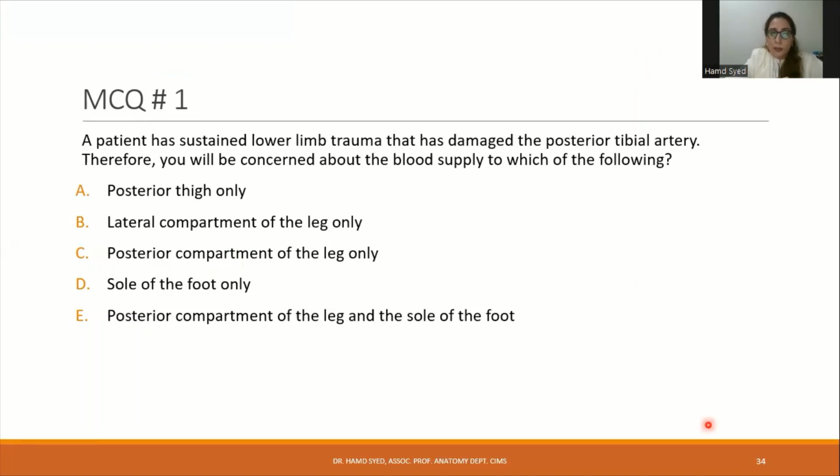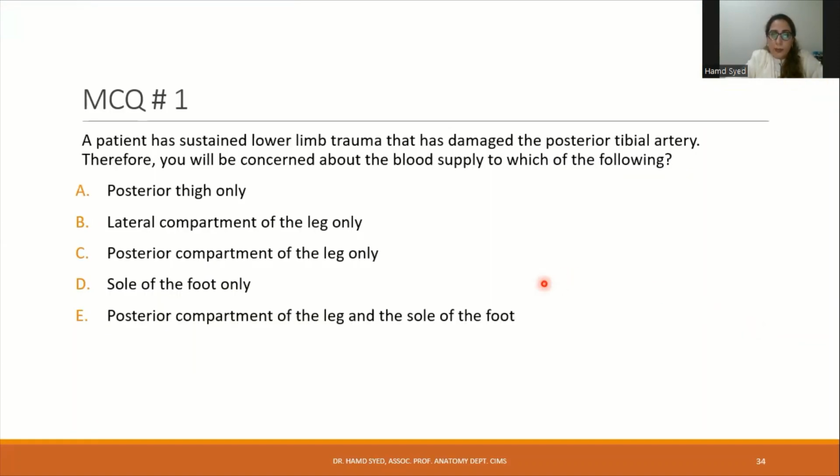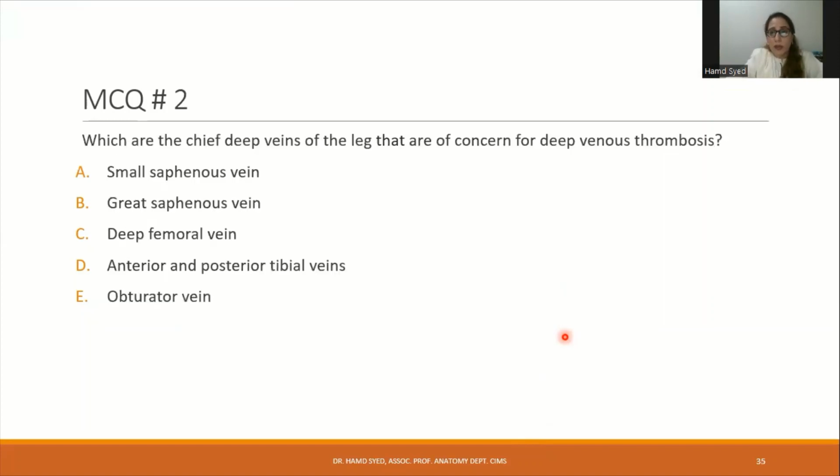Our knowledge of anatomy, the discussion we had also in the previous lectures, makes us recall these different regions. So posterior tibial artery is going to supply the posterior compartment of the leg over here and the sole of the foot. This is the region of supply of posterior tibial artery, the posterior aspect of the leg and the sole of the foot. So this is the region going to be affected.